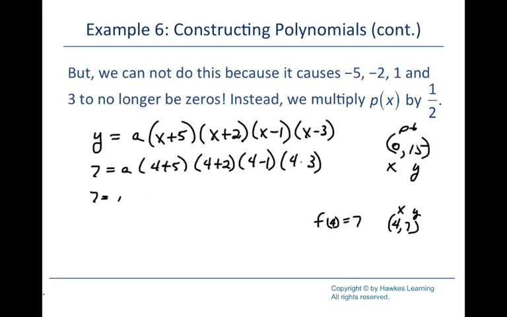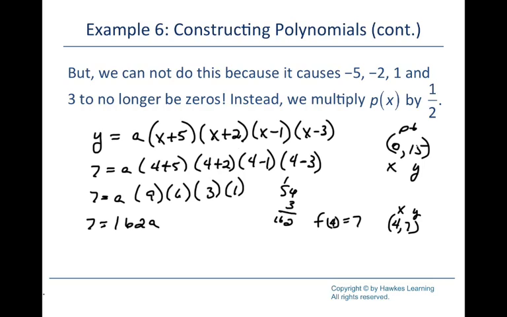So 7 equals a times 9 times 6 times 3 times 1. So that's 54 times 3, which I don't have a calculator in front of me. It's 162a. And so 7 over 162 would be a.